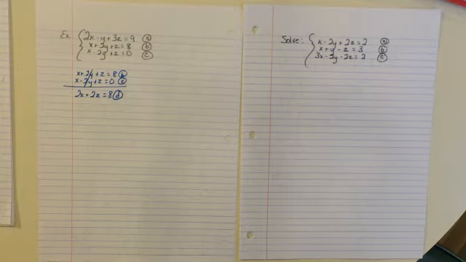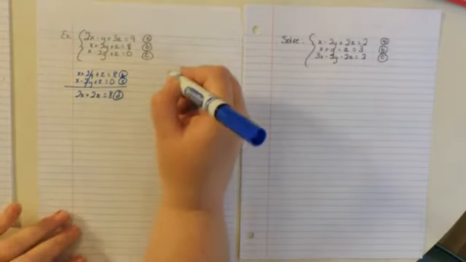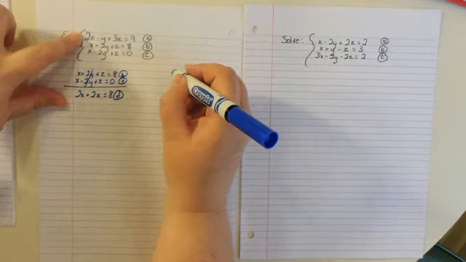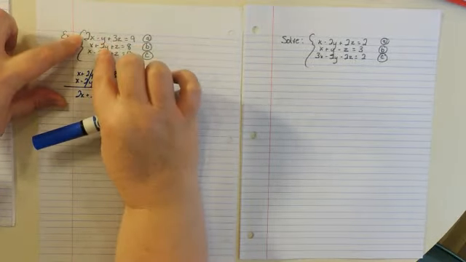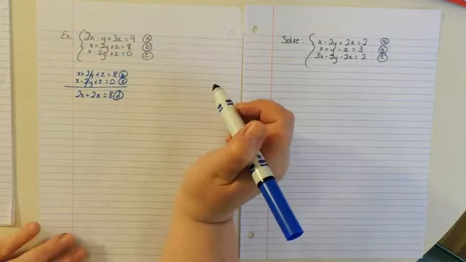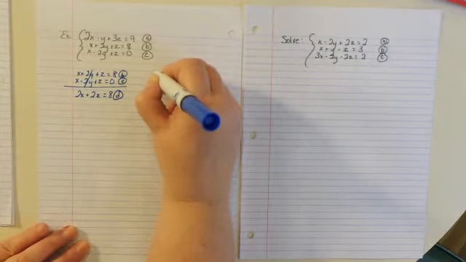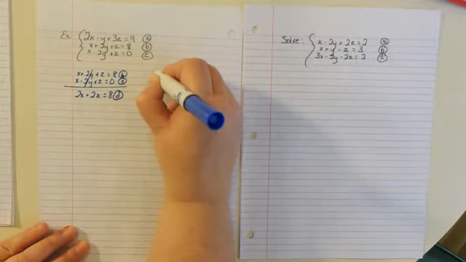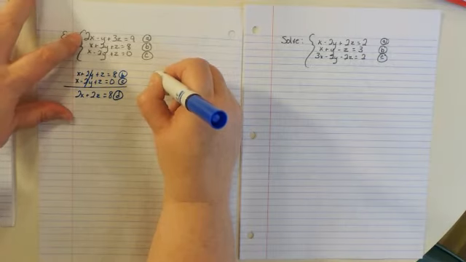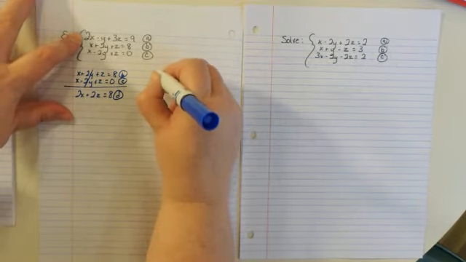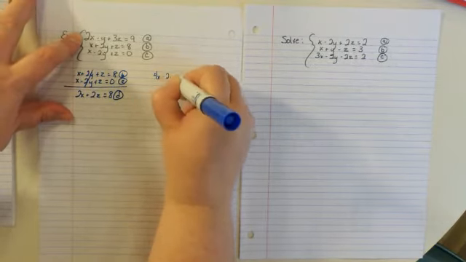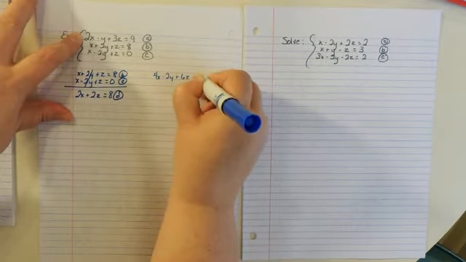Okay. Now we need to use a in one of the equations. So let's use a and b, and we're going to multiply a times 2 so that we can eliminate the y. So we'll have 4x minus 2y plus 6z equals 18, right?